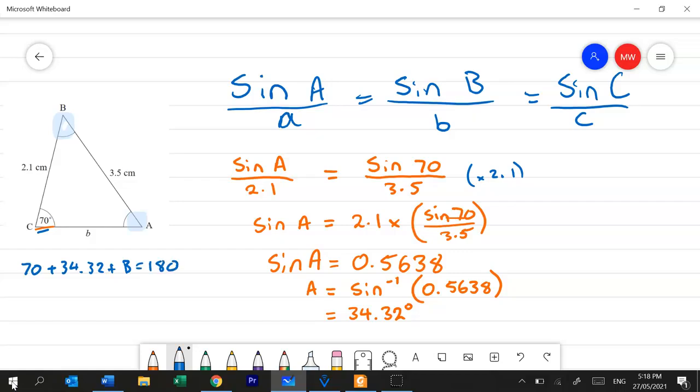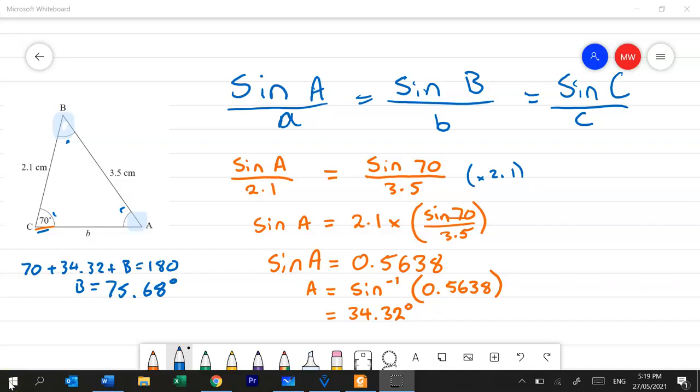And if we use the collecting like terms and balance method, we'll work out that B is going to be 75.68 degrees. So the sum of the three angles of the triangle will add to give us 180 degrees.